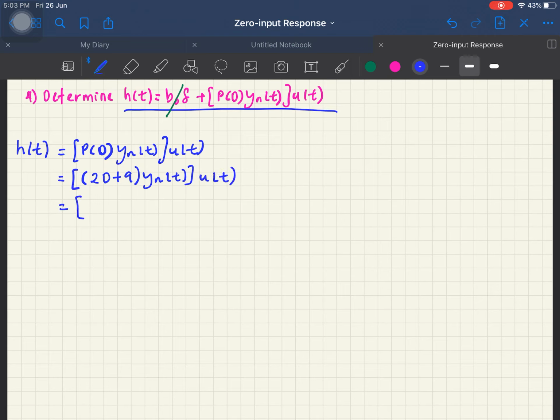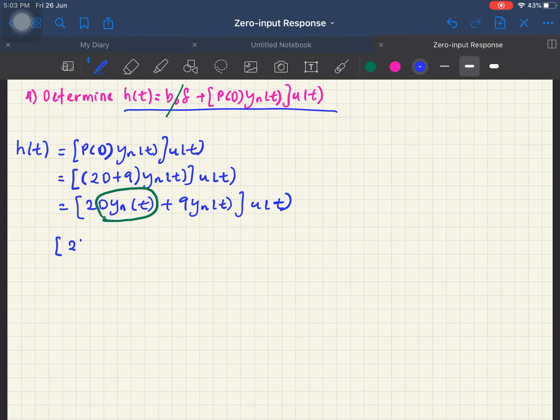So if I multiply, I will get 2D yn(t) plus 9 yn(t) u(t). Now this part here simply means the first derivative of yn(t).